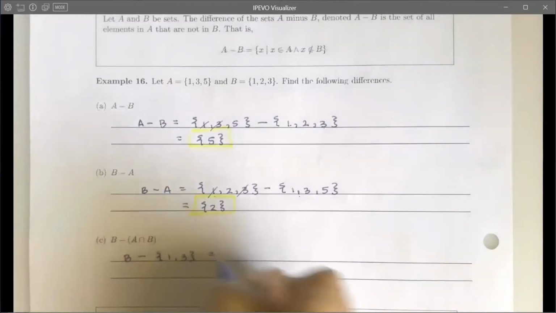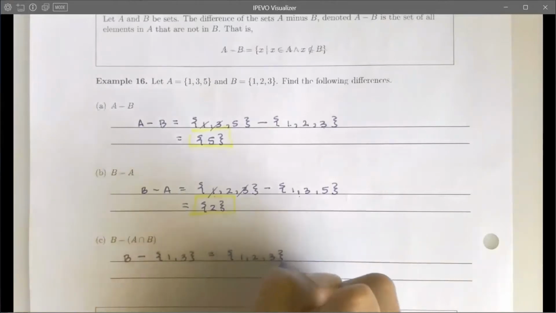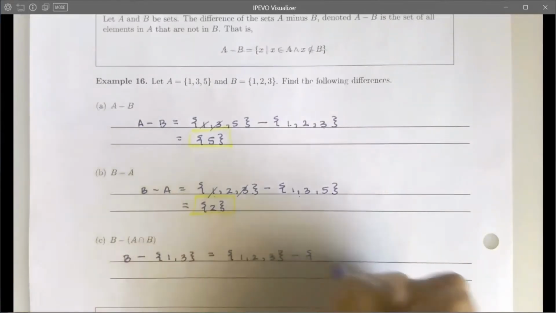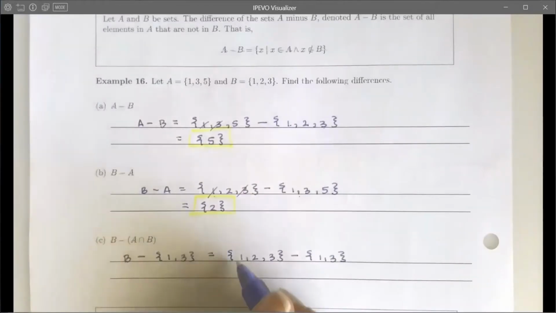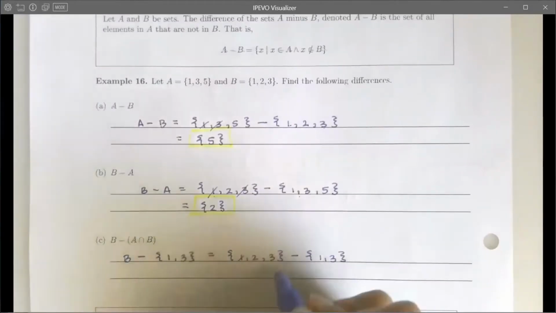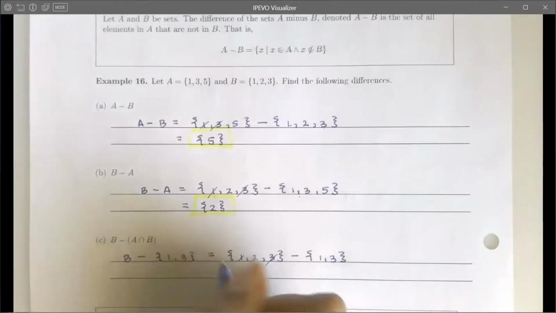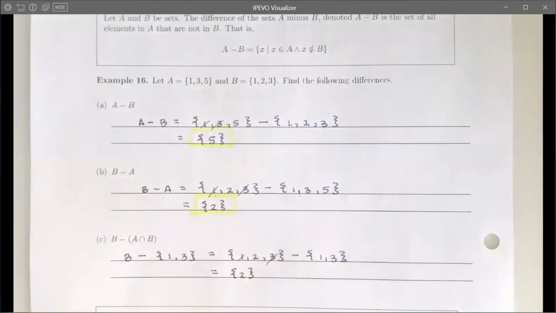And so what does that mean? Well, it means that from the set 1, 2, 3, we're going to remove 1 and 3. So 1 is going to get eliminated, 3 is going to get eliminated, and we end up again with just 2.